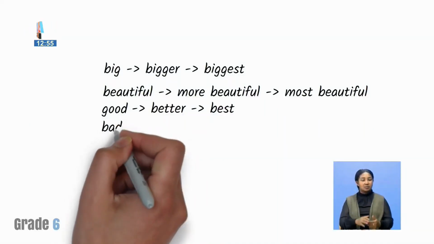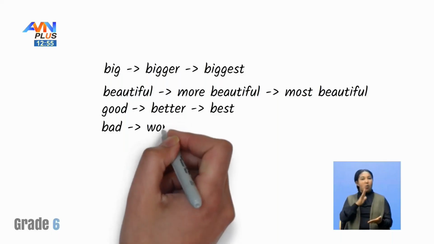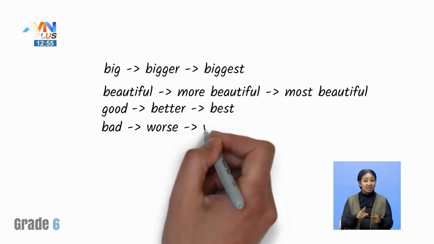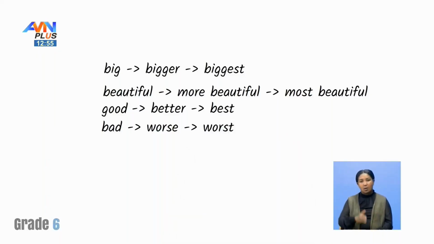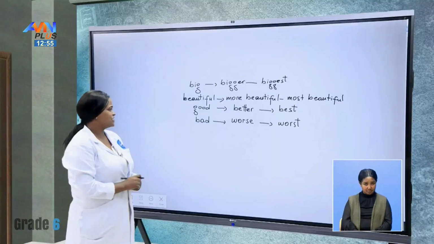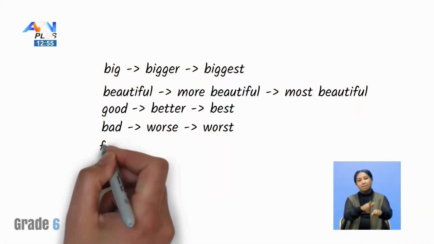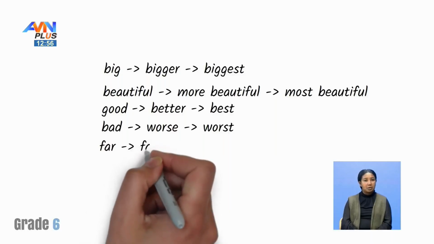How about bad? Bad. Yes? Worse. Very good. Worse. Yes? And its superlative form, worst. Worst. Yes? Nice. And let me add one more. Far. Yes? Far, it has two forms.